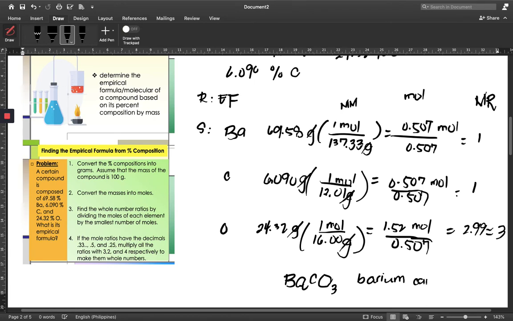And then you notice there that the 2 as a subscript is not reflected anymore. And why is that? We know that barium has a charge of +2 and the carbonate ion has a charge of 2 minus.